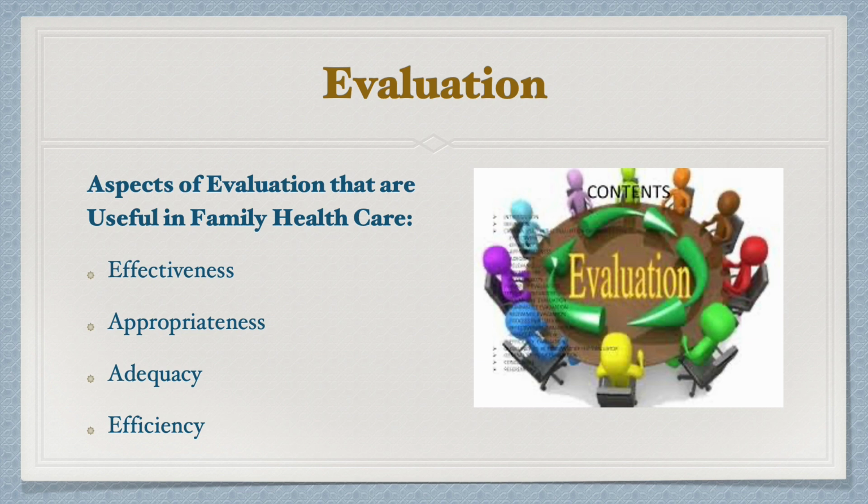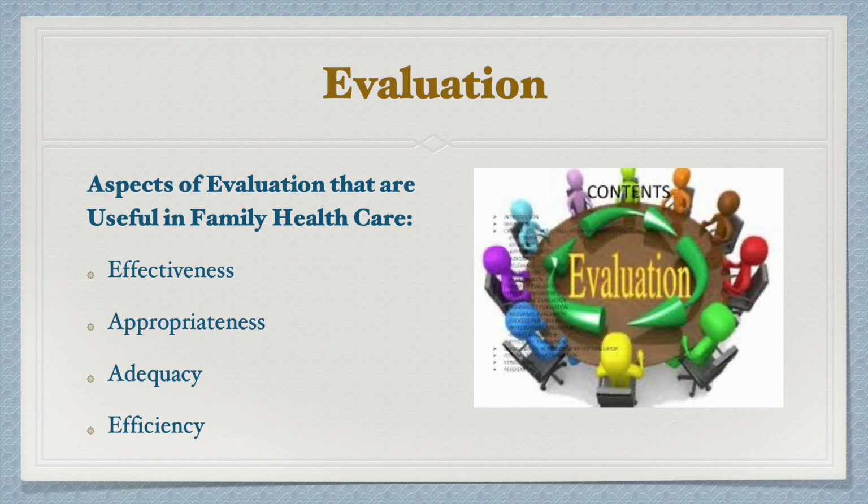Another aspect of evaluation is adequacy. It means the degree of sufficiency of goals or objectives and interventions in attaining the desired change in the family. So that answers the question, were interventions enough to bring about the desired change in the family?